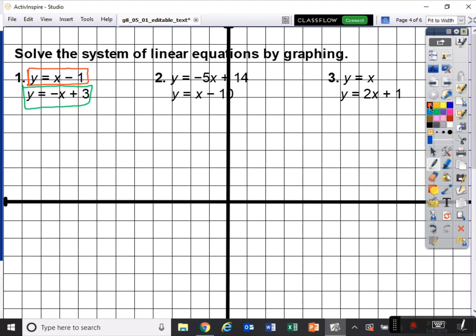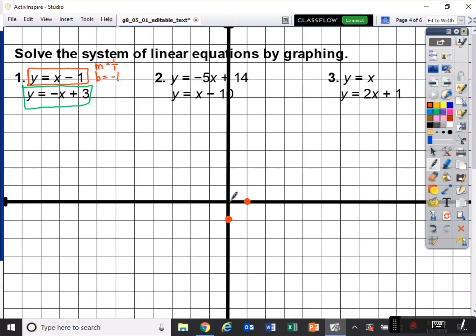All right, so the first one, my slope is 1 over 1, and my y-intercept is -1. So I go to this y-intercept first, -1, and then I do my slope. Rise over run, so 1 over 1, up 1, over 1. Then I go back to the y-intercept and do the same thing backwards.